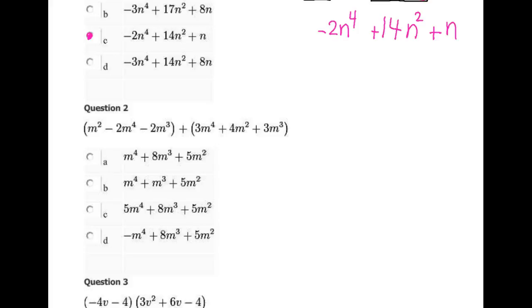So we need to make sure our terms are lined up based on the power. You can do greatest to least or least to greatest, whatever you feel comfortable with, but I like greatest to least. So I'll take my negative 2m to the power 4 first. Then my negative 2m cubed.